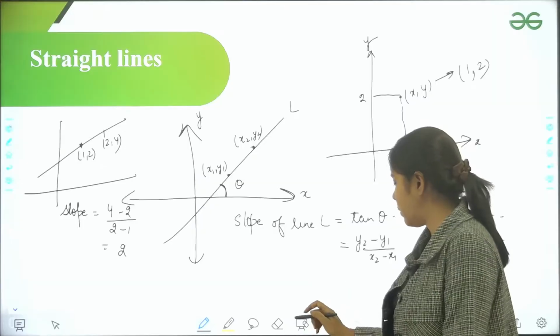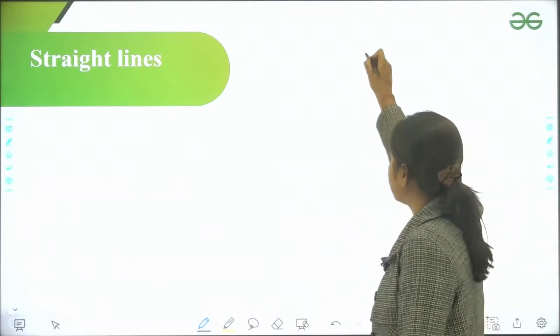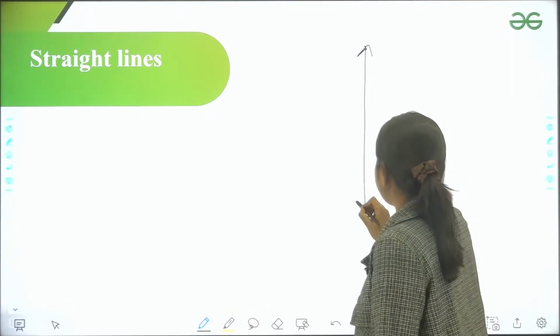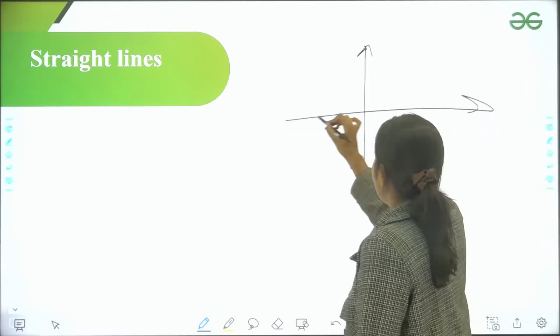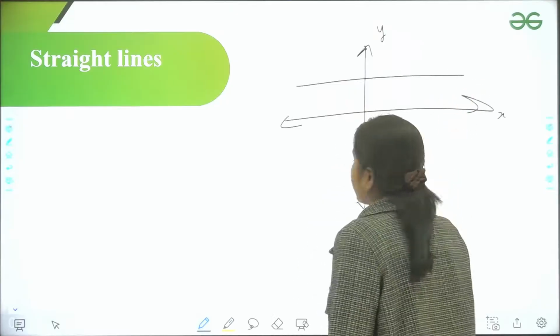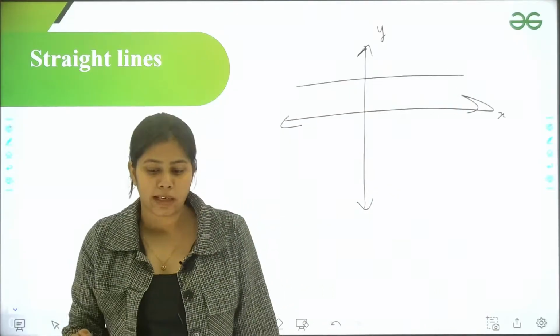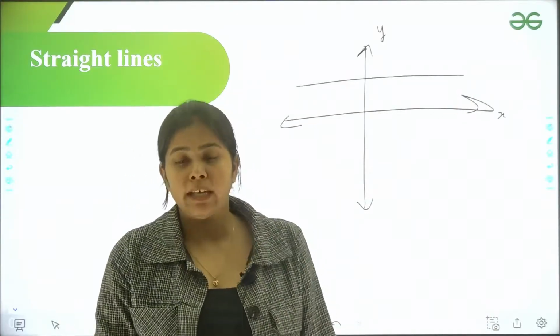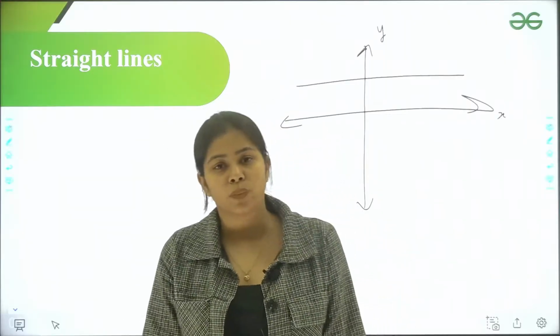So this line can be anything. If I talk about this kind of line, where this is my x-axis and this is my y-axis, and I take a line parallel to the x-axis, what would be the slope of the line here?